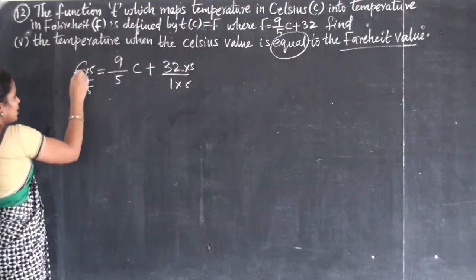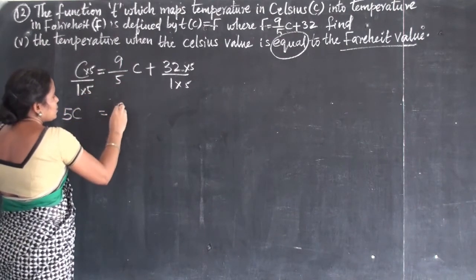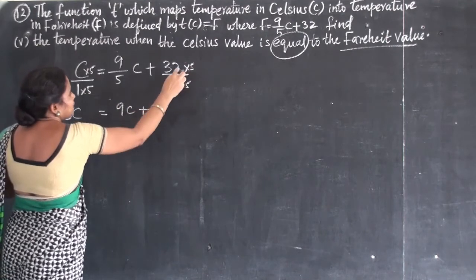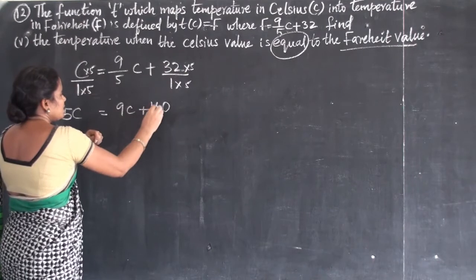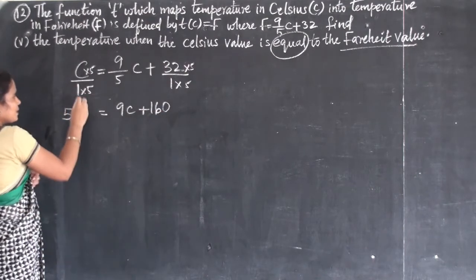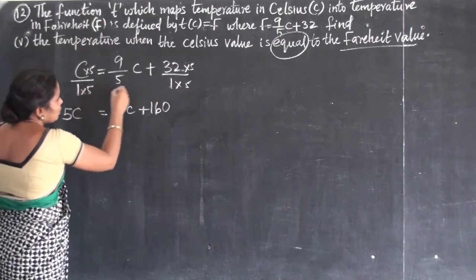Now C into 5 is 5C is equal to 9 into C plus 5 2s are 10, remaining 1, 5 3s are 15, 15 plus 1, 16. Here 5 is common to all.